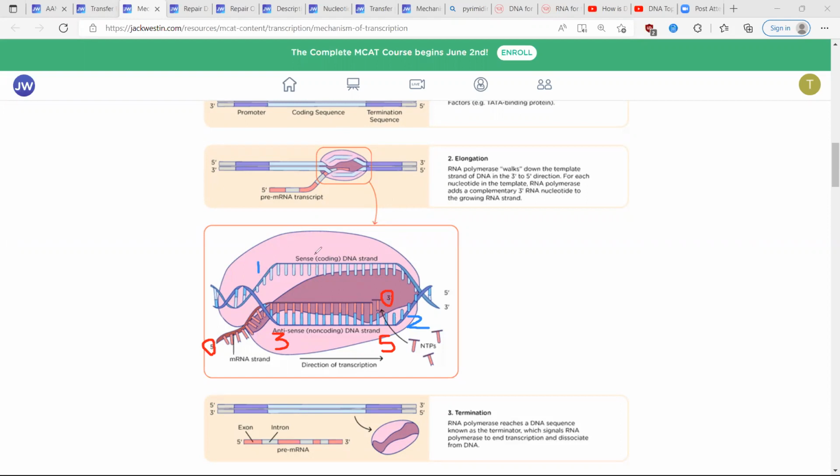To make a copy of strand number 1, we don't attach to strand number 1. We attach to strand number 2, because strand number 2 is complementary to strand number 1. By attaching to strand number 2, we make a copy of strand number 1, because this and this are the same thing. Almost. This strand right here and this strand are actually parallel.